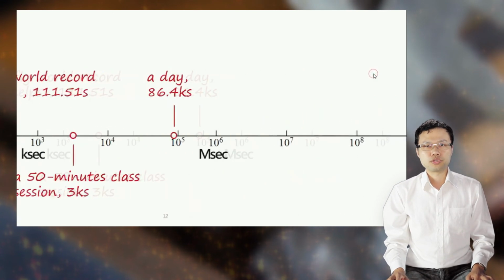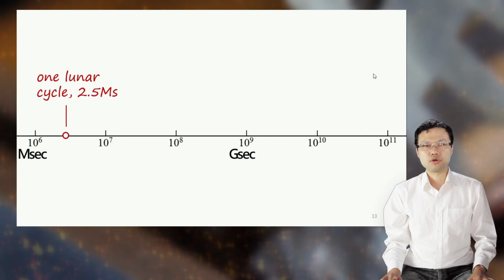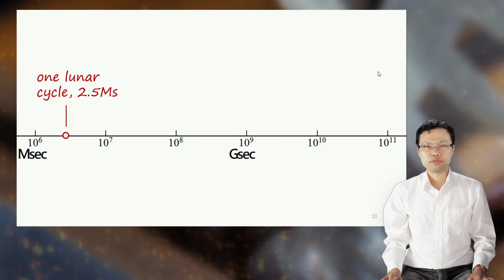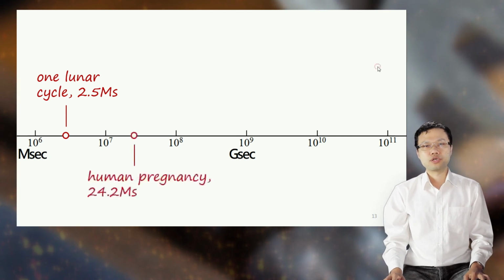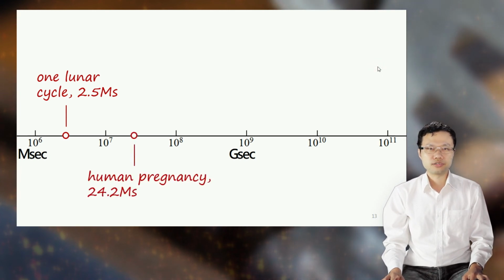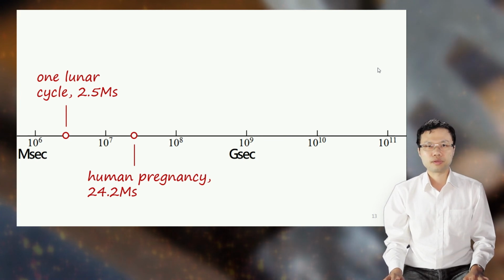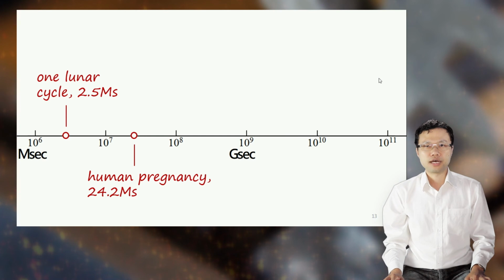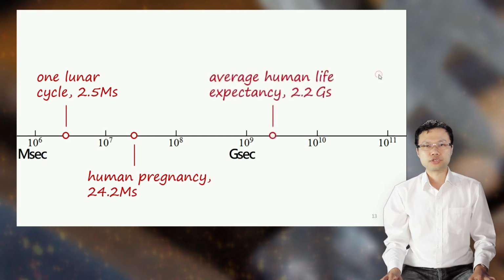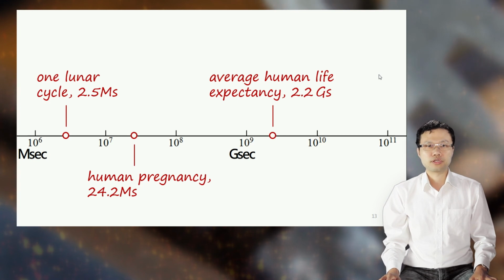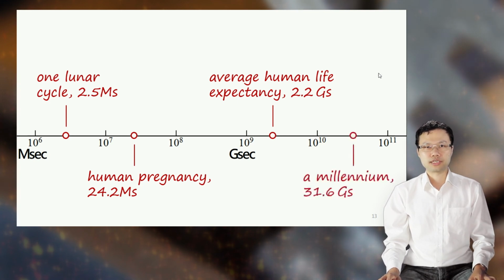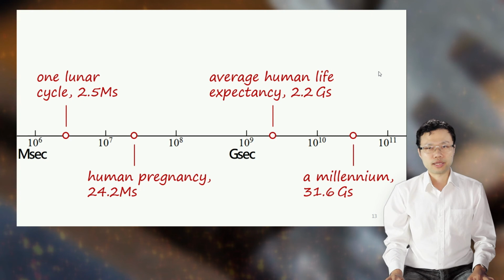One complete lunar cycle is around 2.5 megaseconds. The entire human pregnancy takes 24.2 megaseconds, which is a bit less than 10 months. The average human lifespan is 2.2 gigaseconds, and a millennium contains 31.6 gigaseconds, which is 1,000 years.